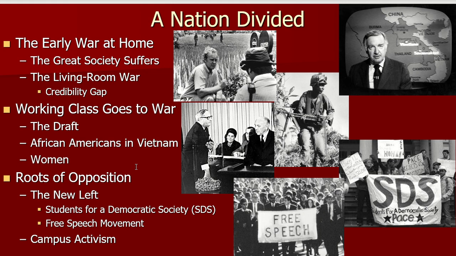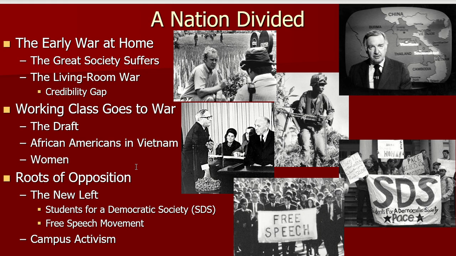You have the credibility gap developing back home too. As a reminder, the presidents and the generals, like President Johnson, General William Westmoreland, and others, kept saying the war's getting closer to being over. We're winning, which was true in the sense of how battles went. A lot of times we would kill more of them in these battles than they killed of us, but we could never seem to quite get them to stop coming. So the people on TV, the generals and the politicians, kept telling us we're winning.